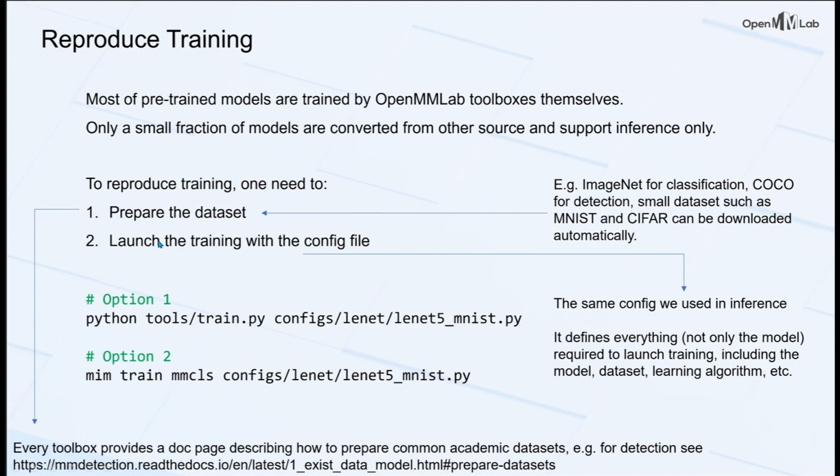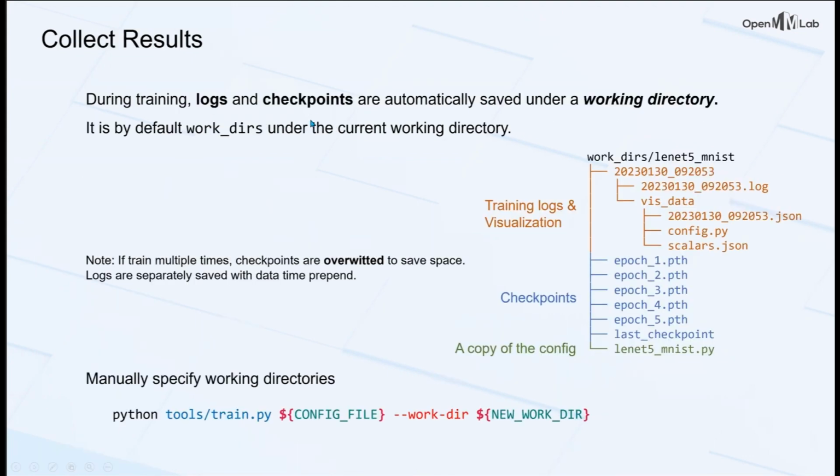During training, the program will output some logs and periodically save some checkpoints to a specific directory called the working directory. Here is an example. The orange ones are training logs, and the blue ones are checkpoints, which contain the state of the model and the optimizer.